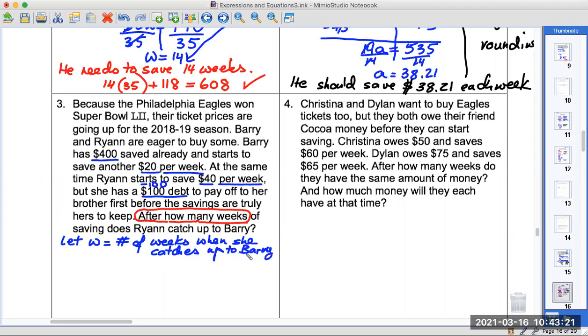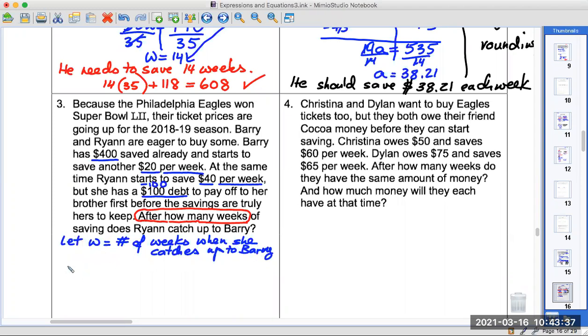So I identified my variable. I called it W because it reminds me it's weeks. You can call it X, Y, Z, whatever you want, but you have to write down what the variable represents. Then we write our equation.